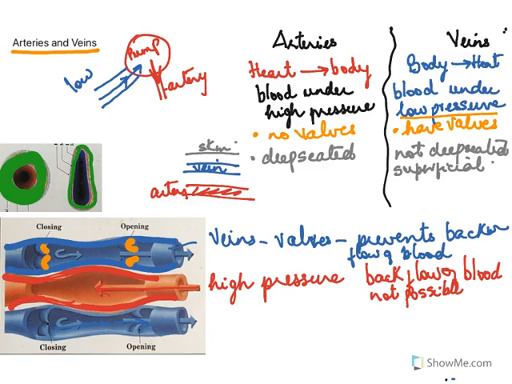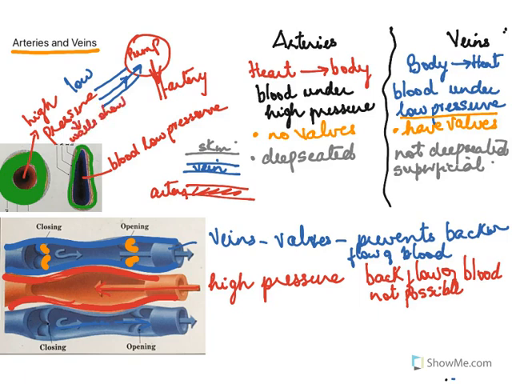Because here the blood is flowing under high pressure, and because it is flowing under high pressure, it requires thick walls to withstand the pressure. In the vein, the blood is flowing under low pressure, so it does not require thick walls.